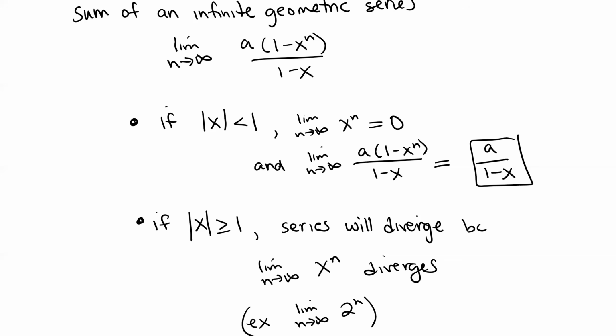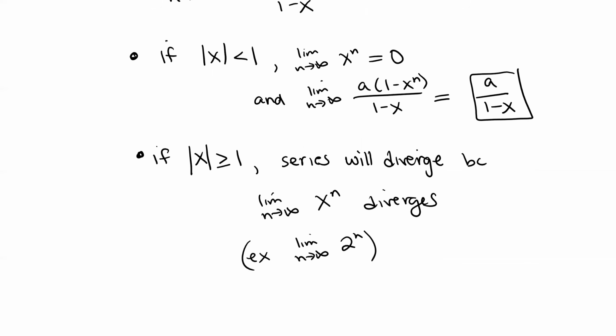If x is less than or equal to -1, or if x is greater than +1, then our series is going to diverge. And that's because our partial sums will have no limit.